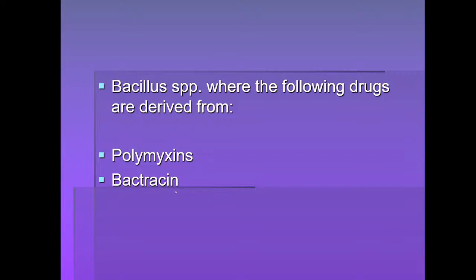Actually, bacitracin is one of them, and I think this is a nice-to-know question. It's from Bacillus licheniformis, and polymyxin, the class of drugs classified under polymyxins, is from Bacillus polymyxa.